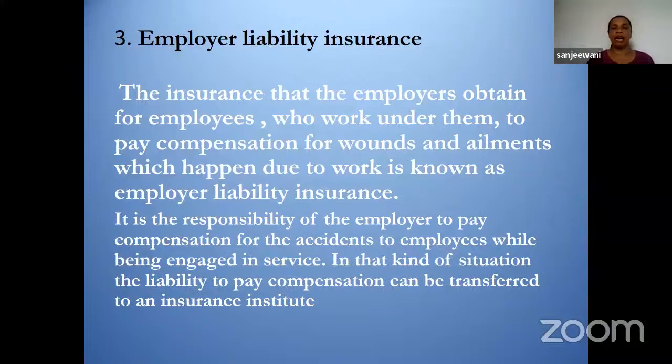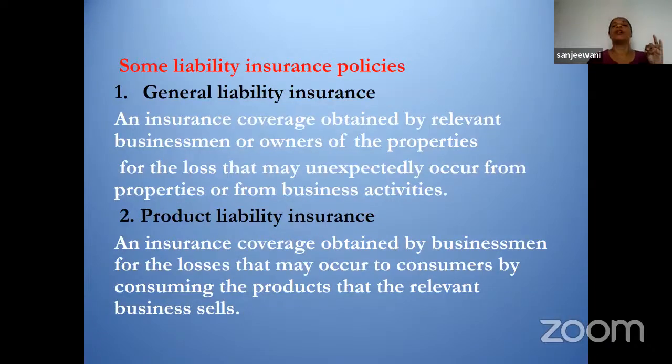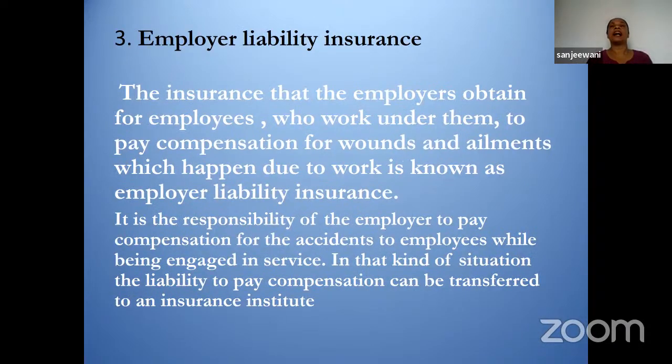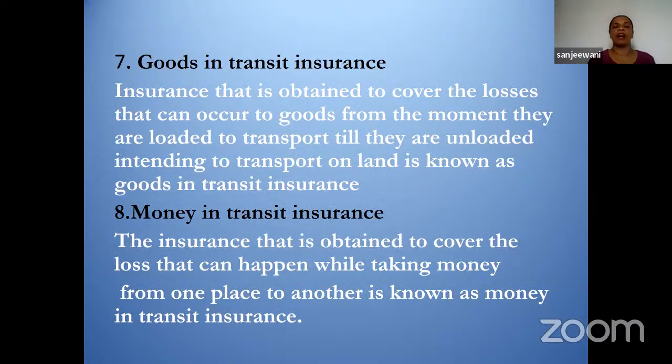Now there are the liability insurance policies: general liability insurance, product liability insurance, and employer liability insurance. Then there is another insurance policy that we discussed: goods in transit. What do you mean by goods in transit? That means when you are sending goods or receiving goods.